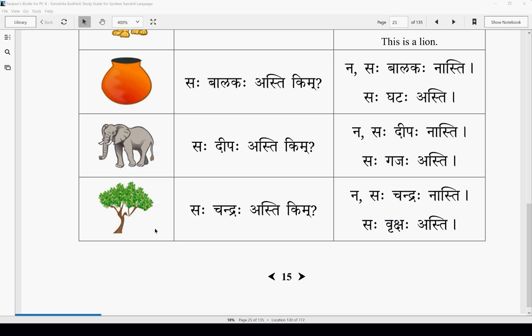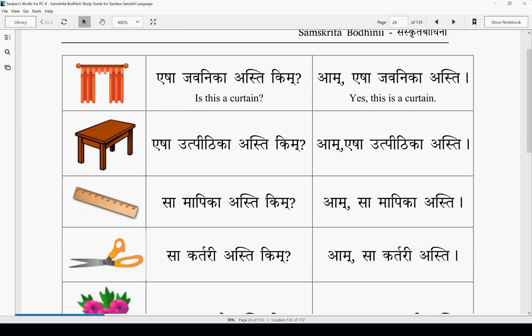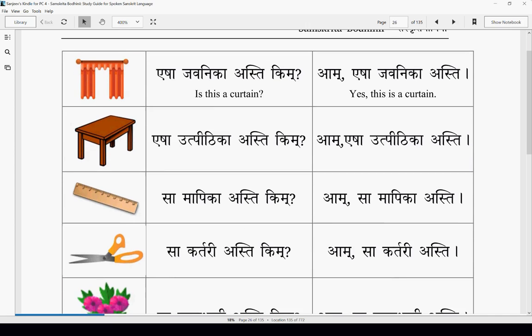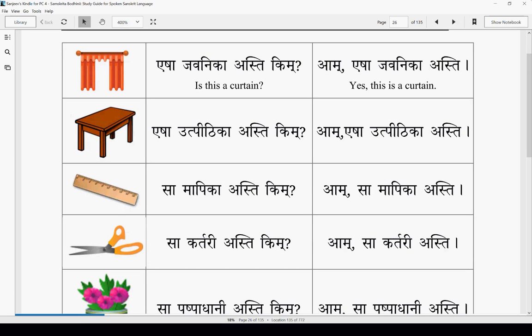Obviously, this is vrukshah. So what is vrukshah? Tree. One which grows even if it is cut, that is called vriksha. That is the etymology of it. Okay. Next one.